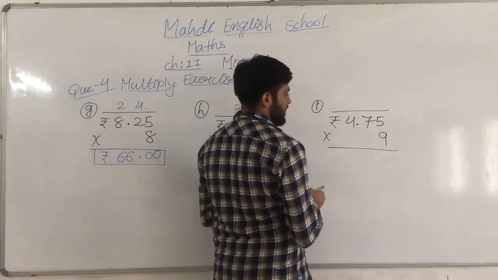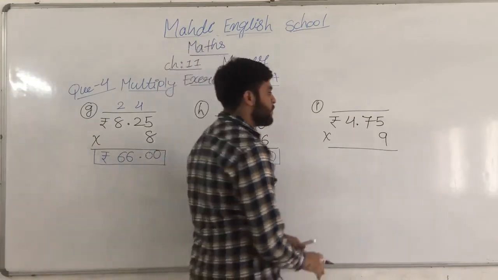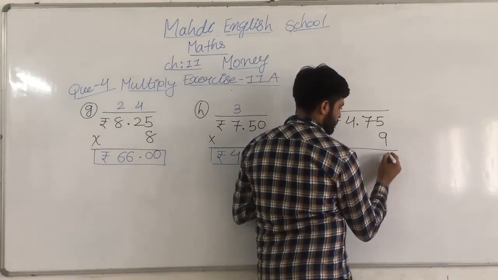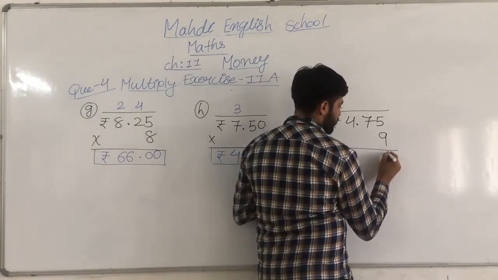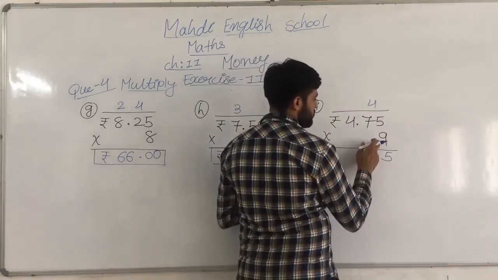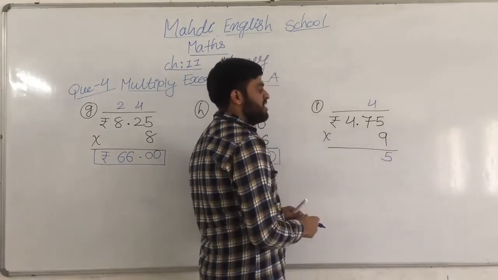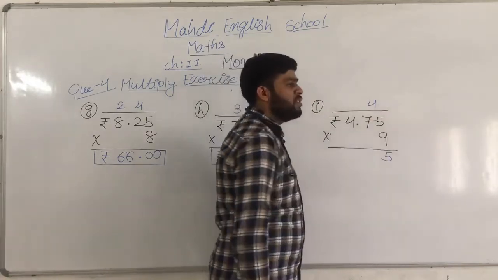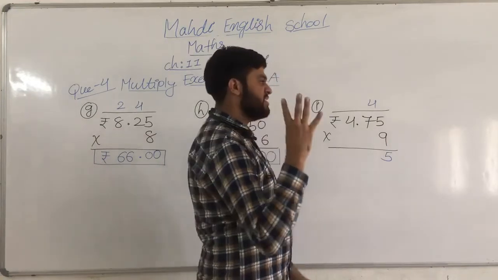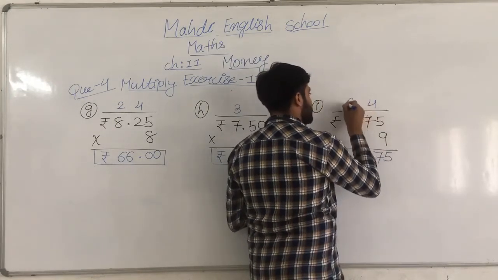So 5 9s are how many? 5 9s are 45. 5 here and 4 as a form of carry. And 7 9s are 63. 63 plus 4, that is 64, 65, 66 and 67. 7 here and 6 as a form of carry.